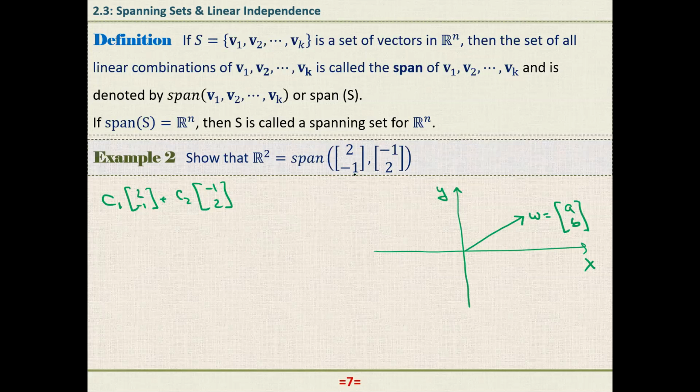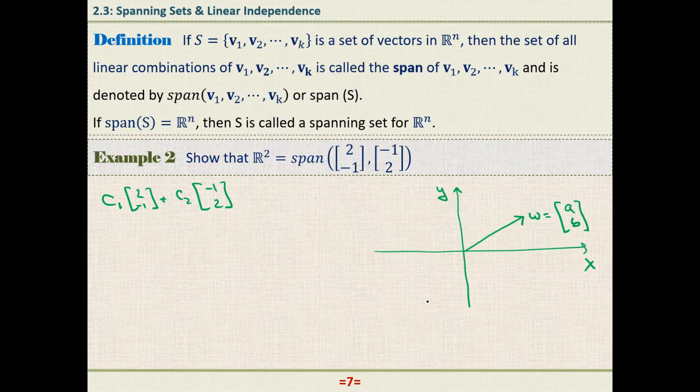If it works for any vector, that means every vector can be represented by a linear combination of these two vectors, so the span of these two vectors is equal to R2. It just fills this space.